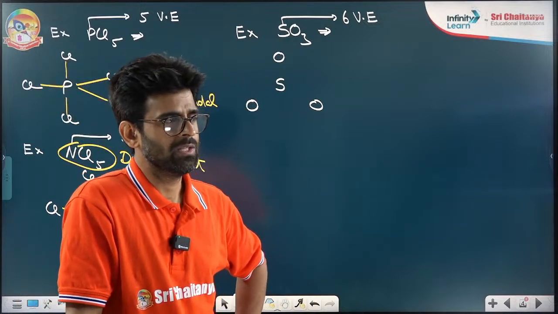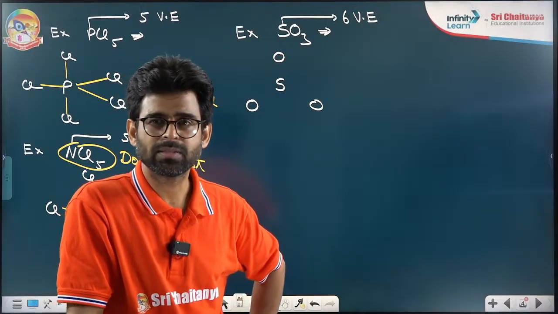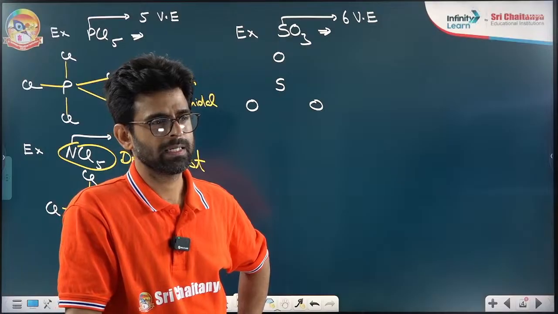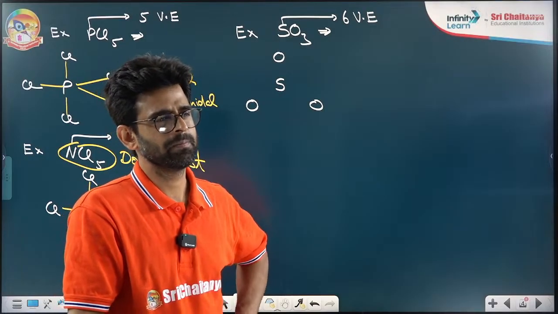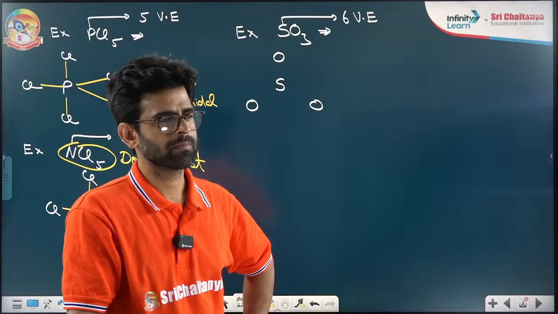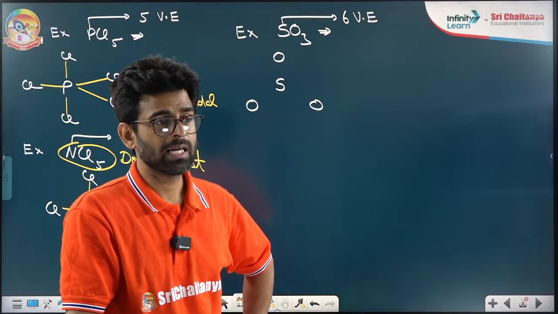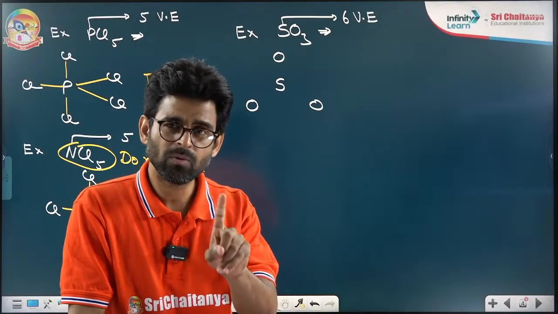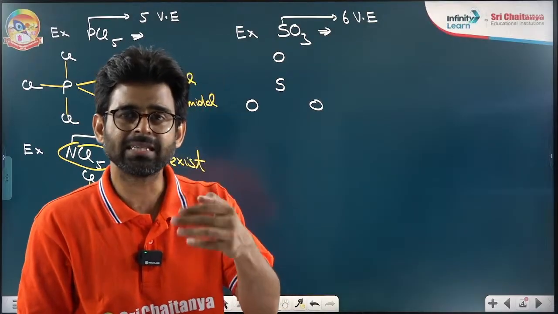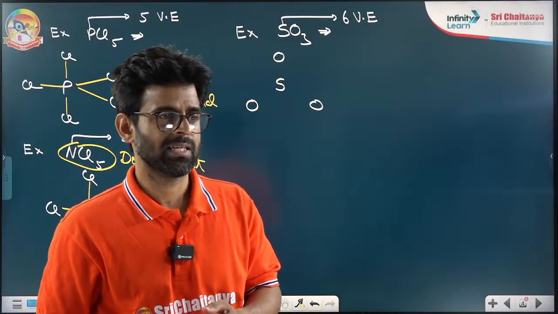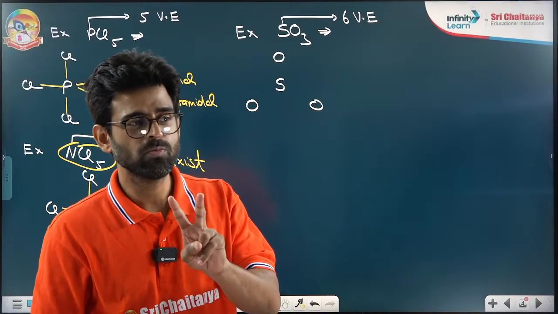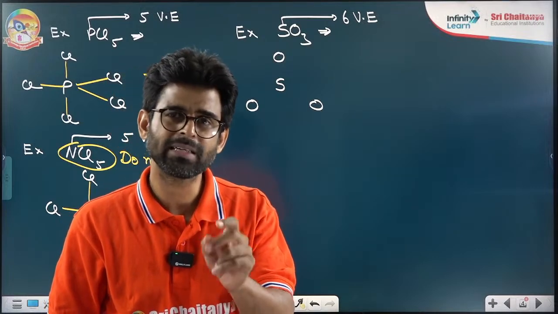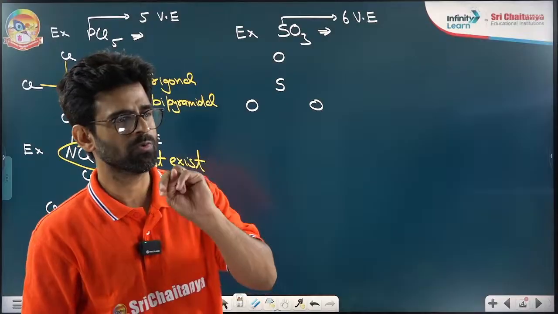Normally, oxygen makes how many bonds? Oxygen makes 1 bond normally or 2 bonds? In general, I am asking. Yes, it makes 2 bonds. Rarely it makes 1 bond, but in most cases, 2 bonds. Very good, right?